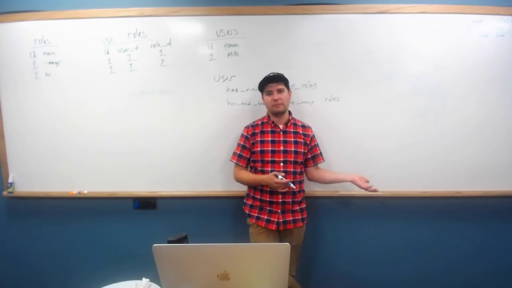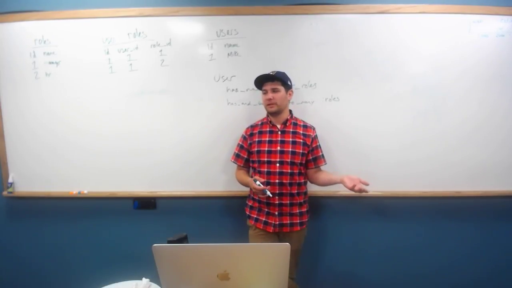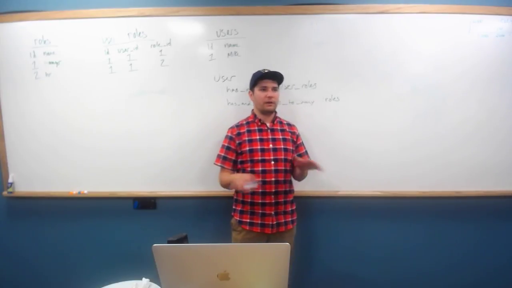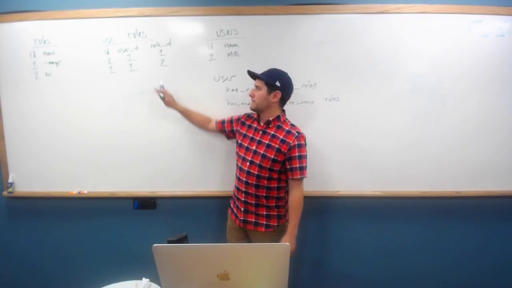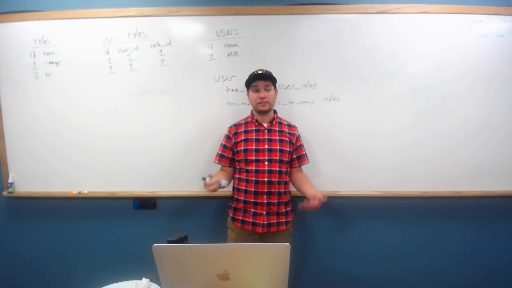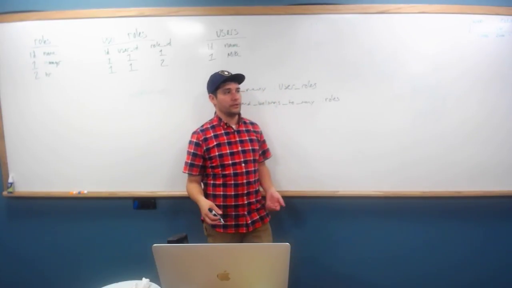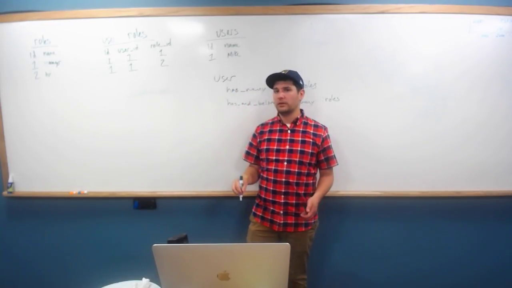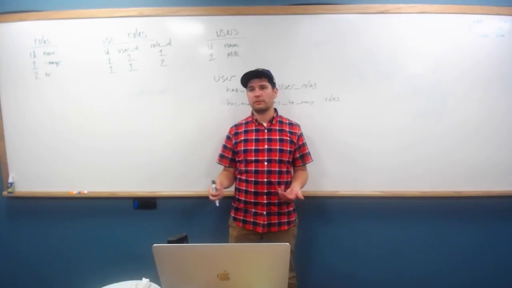We didn't really gain much from doing this to begin with. So general consensus and my recommendation is avoid has and belongs to many, because this is a really good example of a scenario where we might start needing to store additional information on this join that we might not need right now, but we want to build with that flexibility in mind.